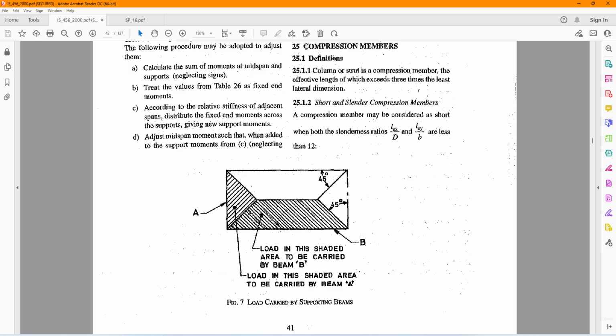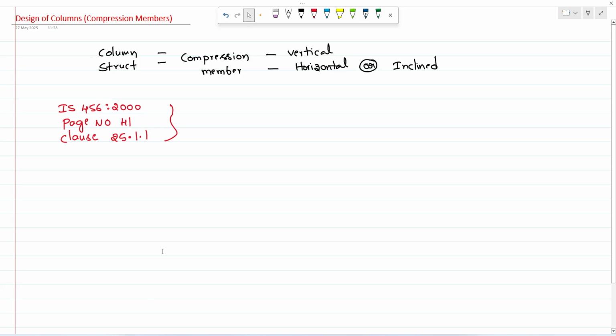See here, compression members definition 25.1.1: column or a strut is a compression member the effective length of which exceeds 3 times the least lateral dimension, which means the ratio of effective length to least lateral dimension.